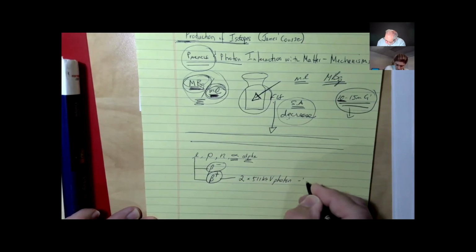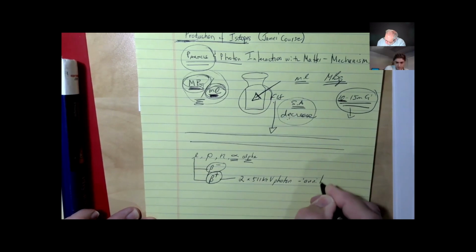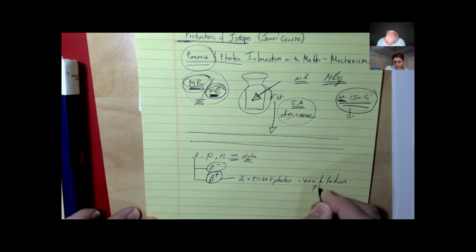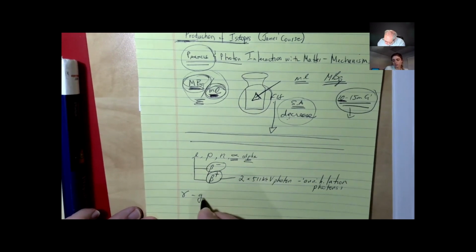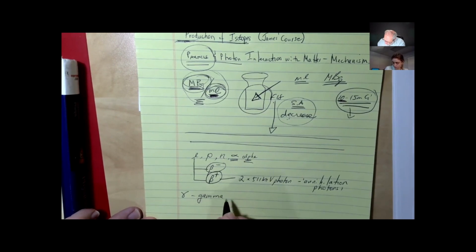We refer to them as annihilation photons, as opposed to the gammas being emitted from within the nucleus, which we call gamma rays or gamma photons.